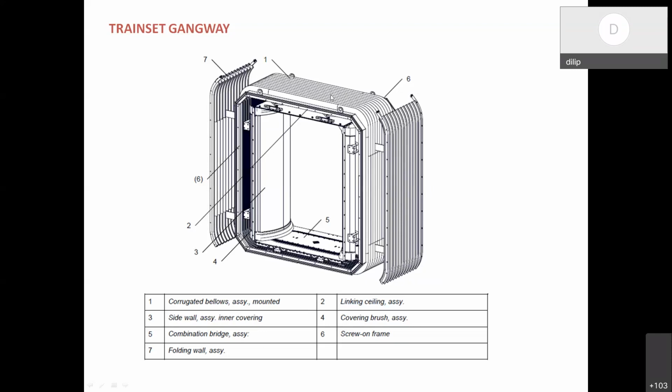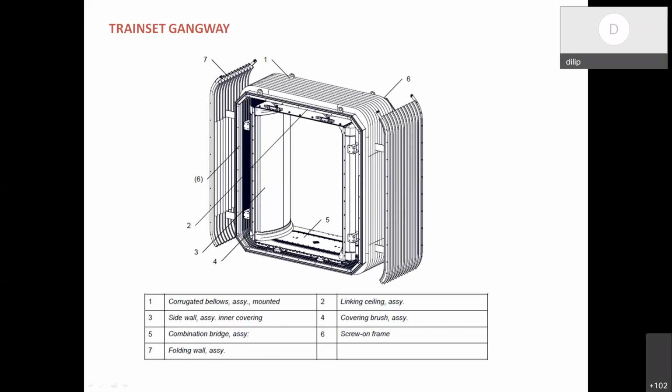The first one is the corrugated assemblies. You can see these are all corrugated silicone elements. The second one is the link sealing assembly, which we'll see further. The third is the sidewall assembly inner covering. The purpose of this covering is to cover the inner fairing and the bellow arrangement, so that it looks aesthetically very good from inside, and it also improves noise insulation.